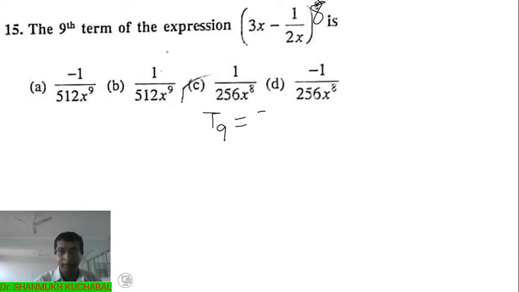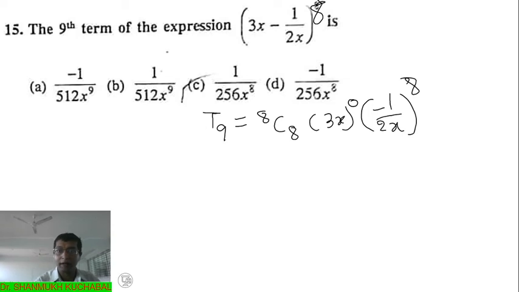T9 equal to 8C8, then 3x raised to 0, next minus 1 upon 2x raised to 8. I used the formula nCr, x raised to n minus r, y raised to r.